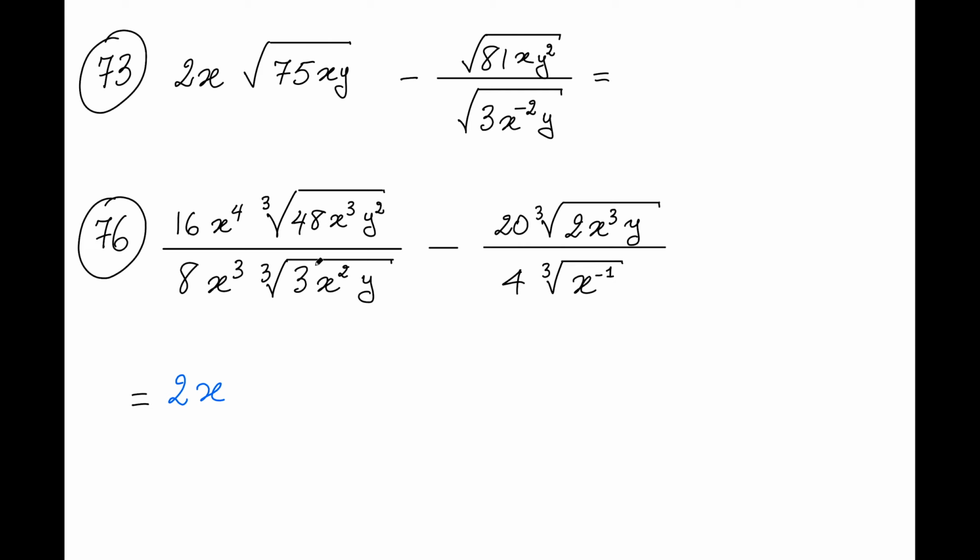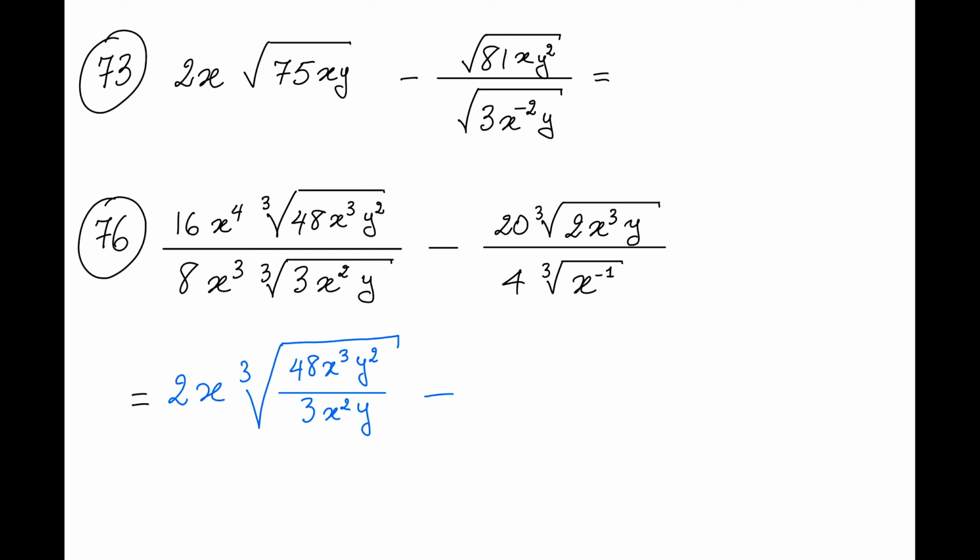And then for these guys, I can just have the third root of the quotient, which is 48x cubed y squared divided by 3x squared y. Why can I do so? By the quotient rule for radicals, right? Just mentioned above in this section.